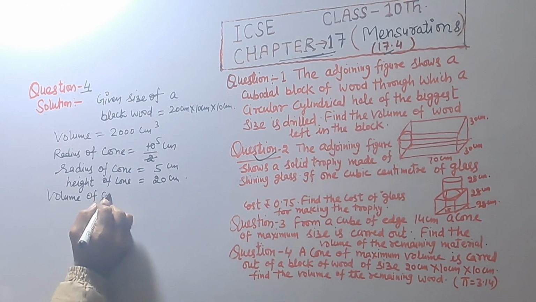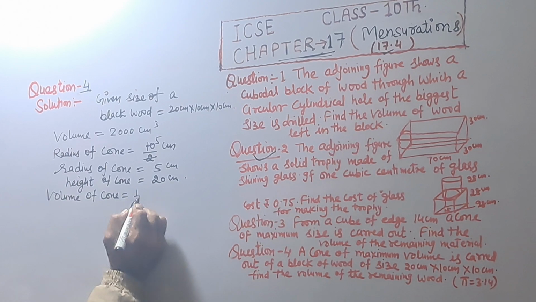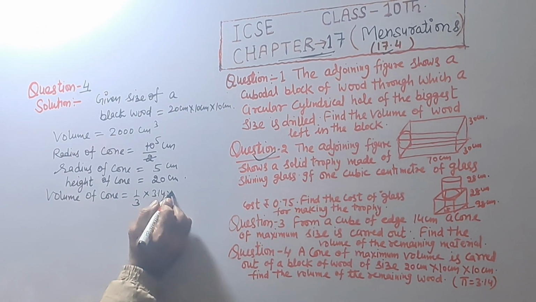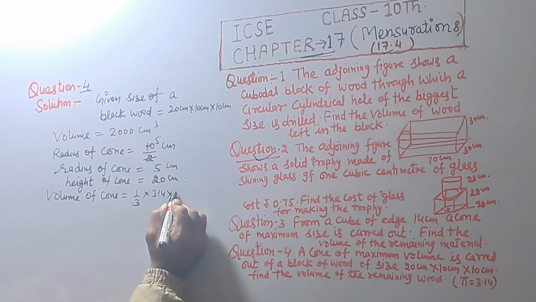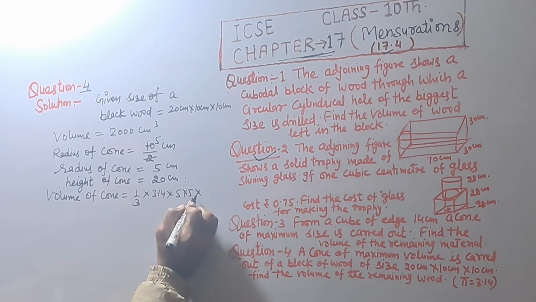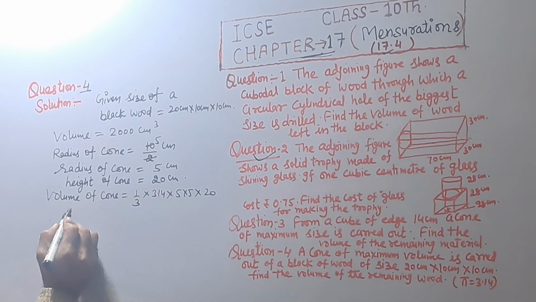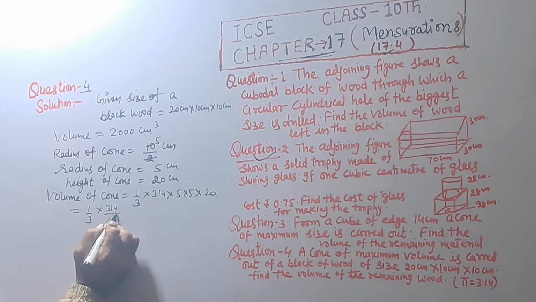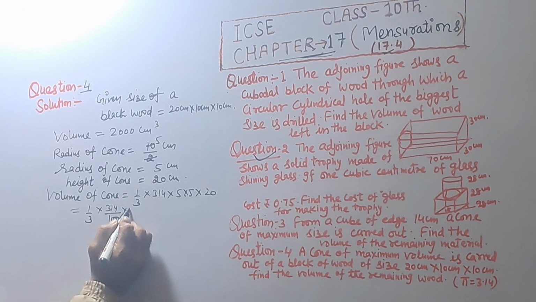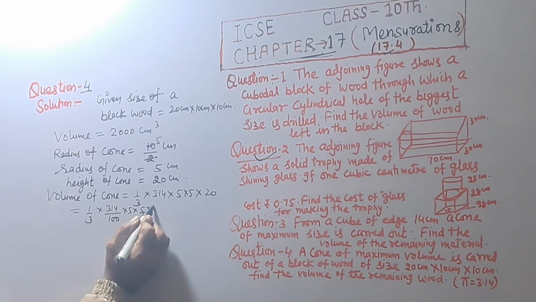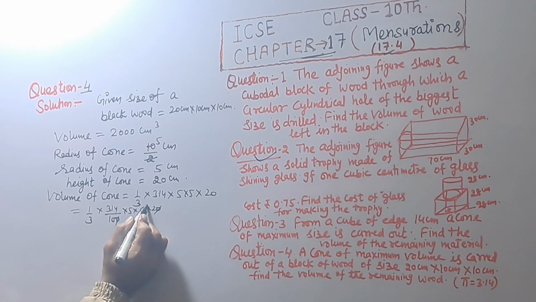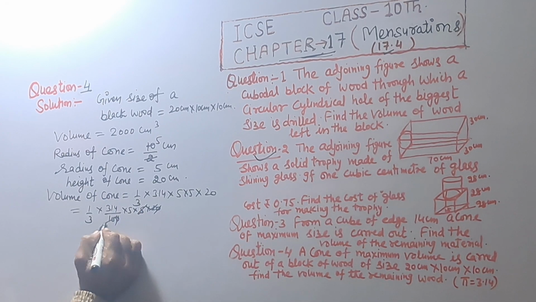Volume of cone equal to 1 upon 3 into pi, which is 3.14, r square. R is 5 into 5 into h is 20. That is equal to 1 by 3 into 314 upon 100 into 5 into 5 into 20. This is cancelled, and 5 2s are 10, cancelled.